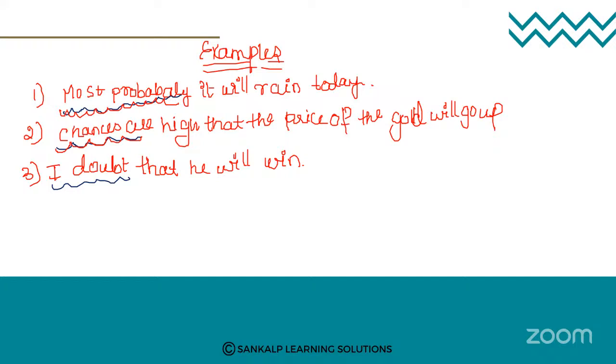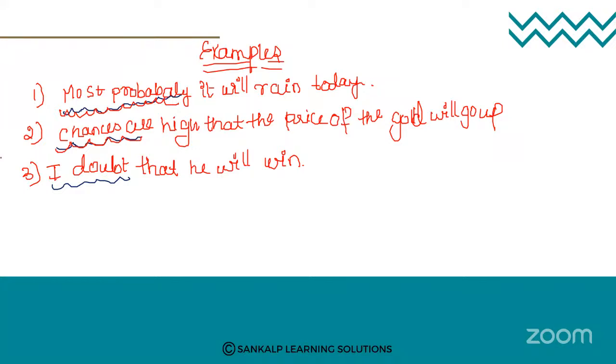When we describe any situation as "it may happen or may not happen," there we are using some words that denote the probability.